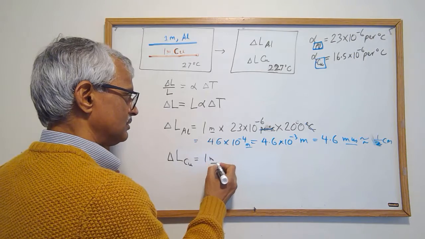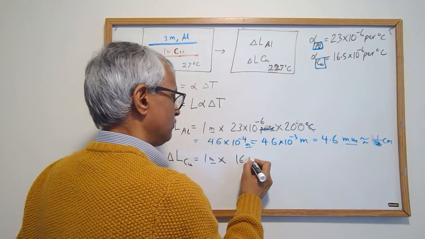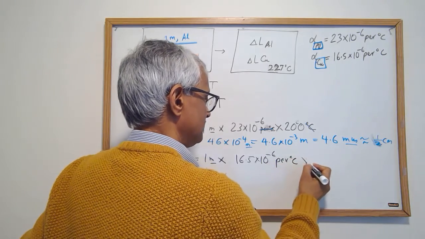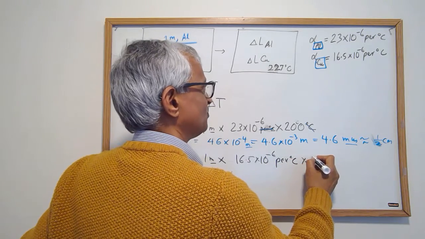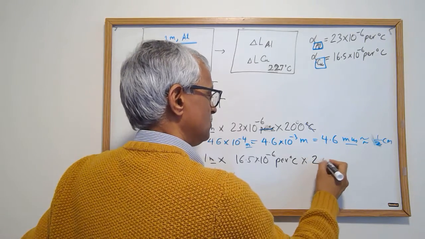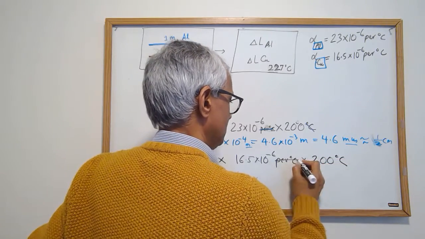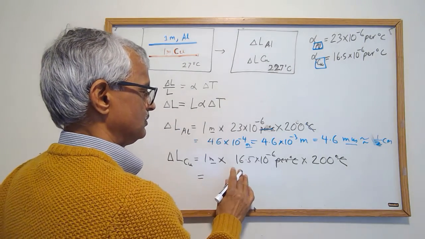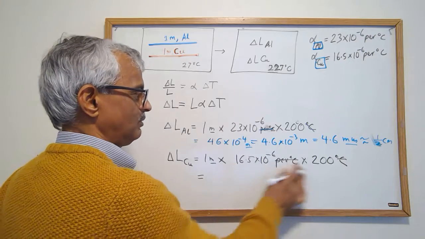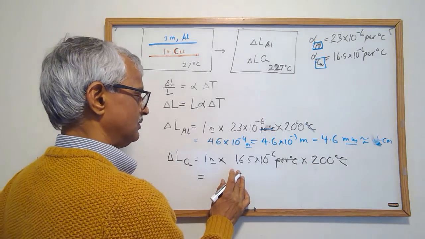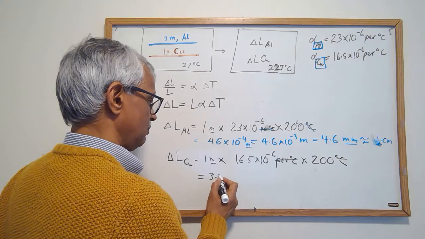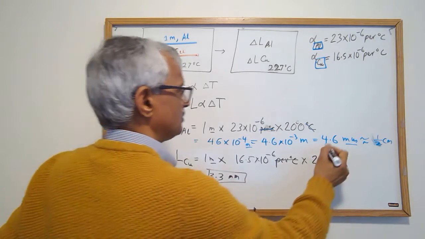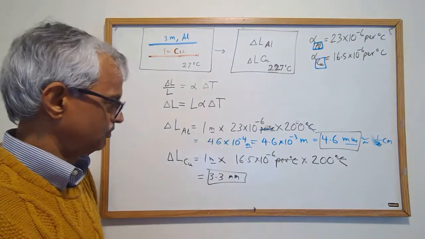It's 1 meter times 16.5 times 10 to the minus 6 per degree Celsius times 200 again. This cancels out, and so this will be 3.3 millimeter. So we have a different answer for copper.